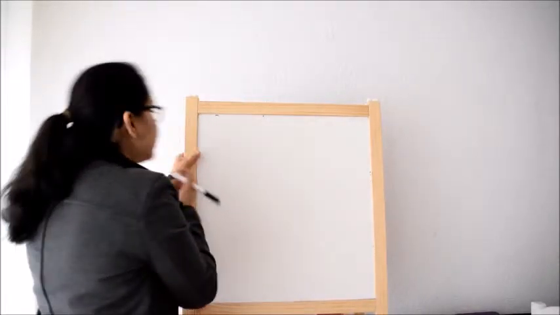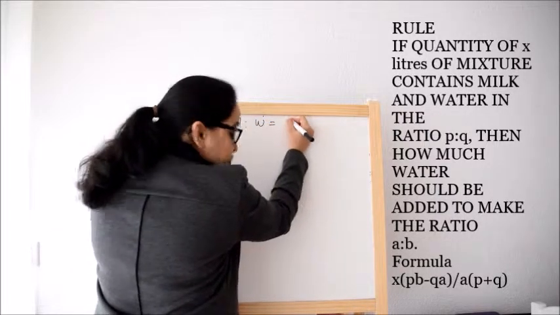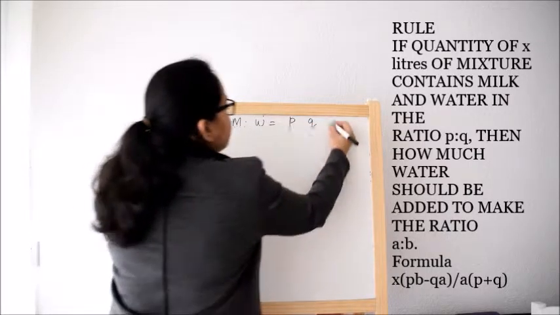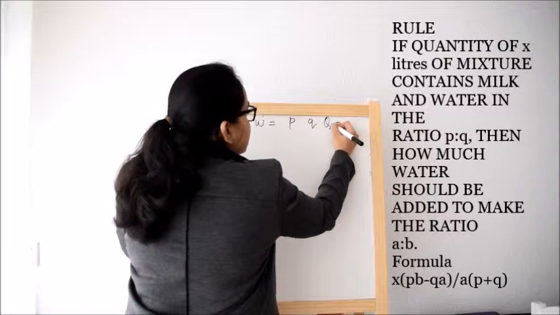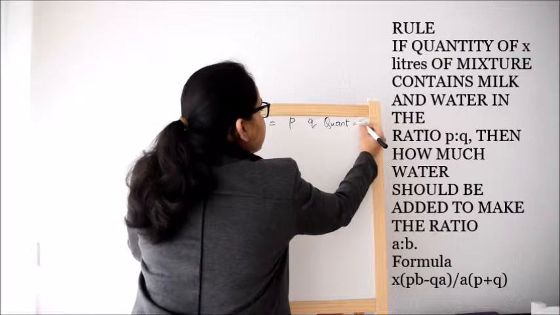Okay, so the rule says that if milk and water are in ratio P:Q and the quantity of mixture, that is 40 in our case, is x.